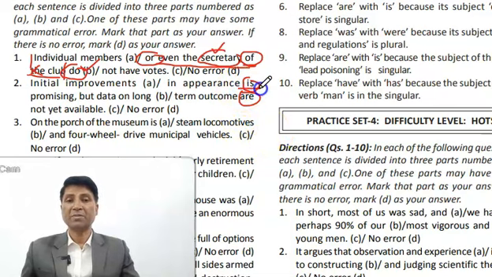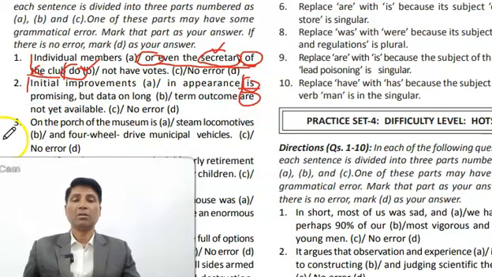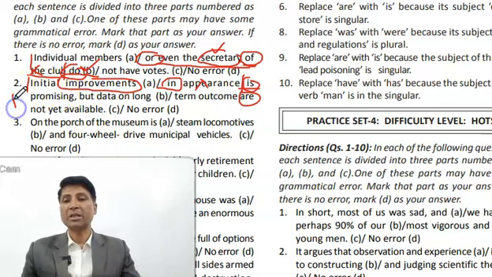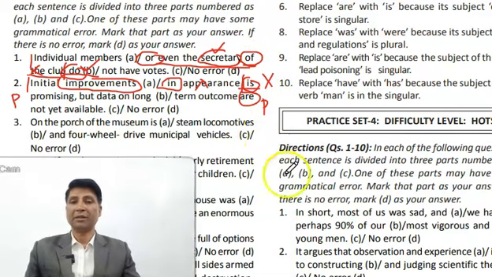What is the subject of this verb? Again, you will have to analyze this phrase. Again, very easy. Here you can see a preposition. So you have to ignore this part. It means the subject of this verb must be here, and you can clearly see the word improvements is plural. So because the subject is plural, the verb should also be plural. So there is a problem in the verb. In place of is, it should be are.